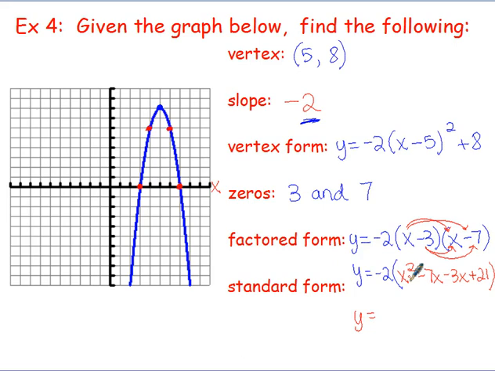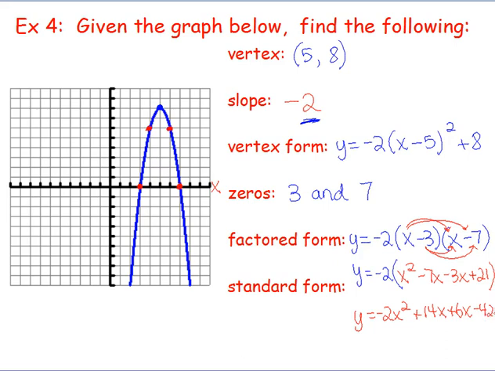So -2 times x squared is -2x squared. -2 times -7x is positive 14x. Negative 2 times negative 3x is positive 6x. And negative 2 times positive 21 is negative 42.